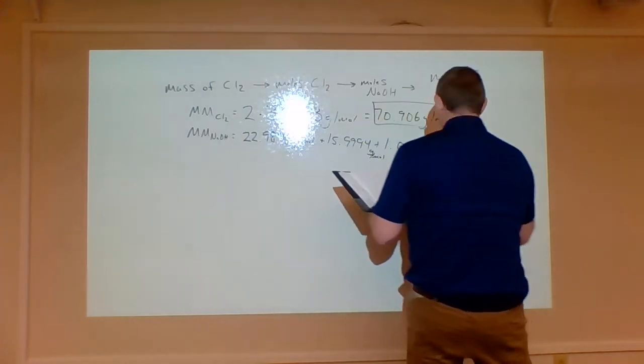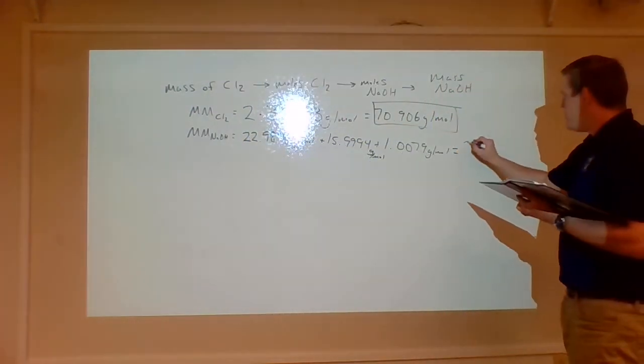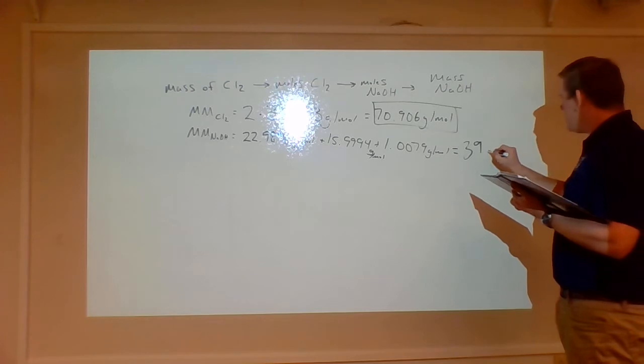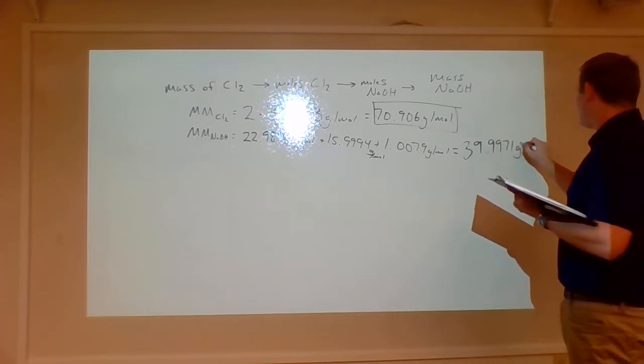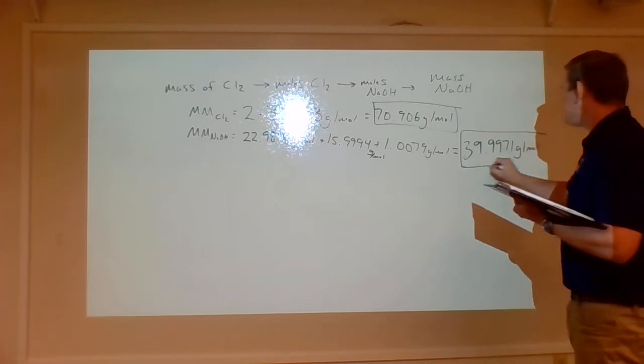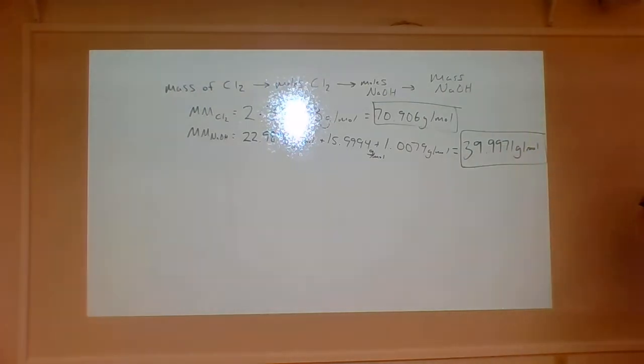And that gives us a value here of 39.9971 grams per mole, which is our molar mass for sodium hydroxide.